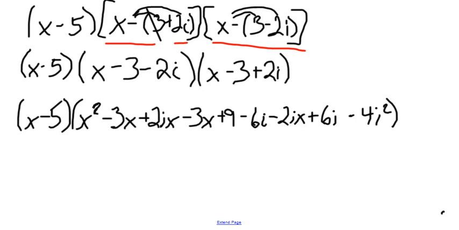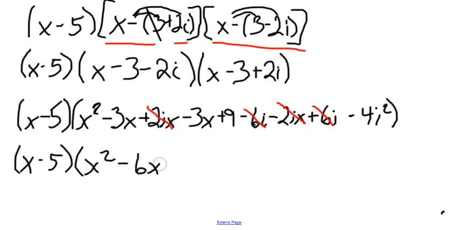If you multiply those last two factors together, yes, you get many terms. You get 9 terms actually, but a few of them will cancel out. We have a negative 6i and a positive 6i, so those cancel out. We have plus 2ix minus 2ix, those cancel out. So now if we look at what we're left with, x minus 5 times, we have an x squared, and that's the only one, minus 3x, combine those terms, negative 6x.